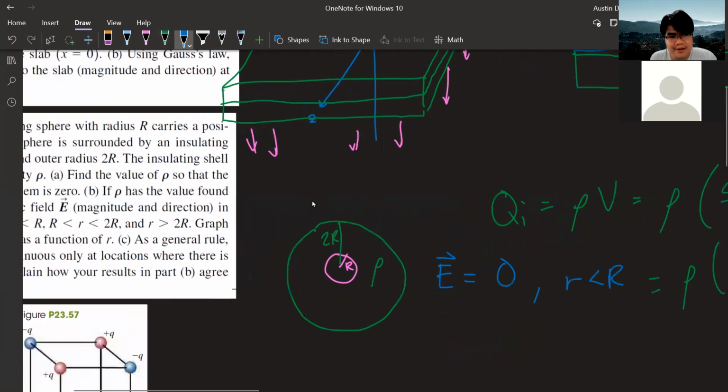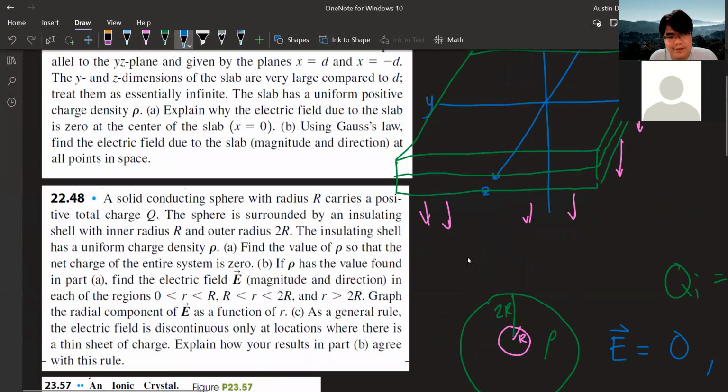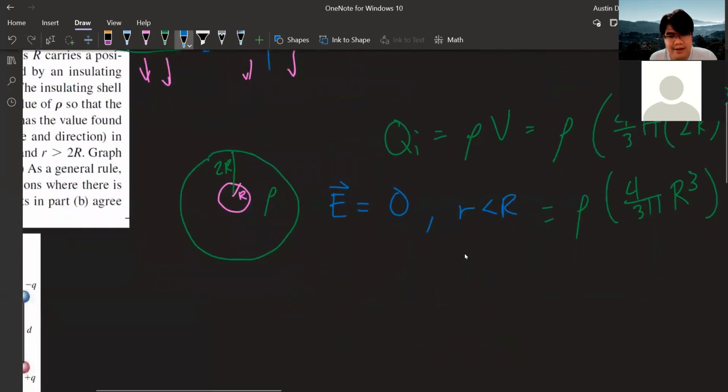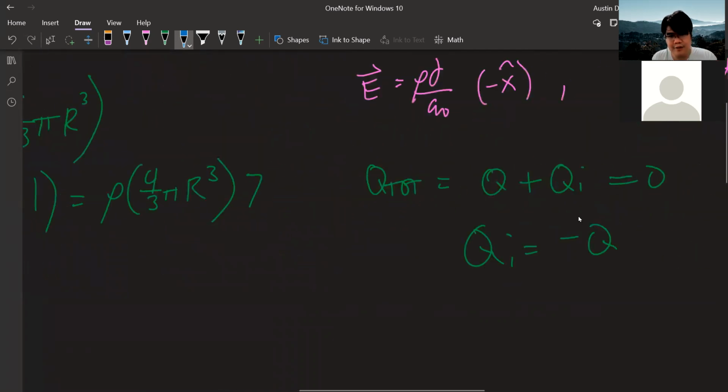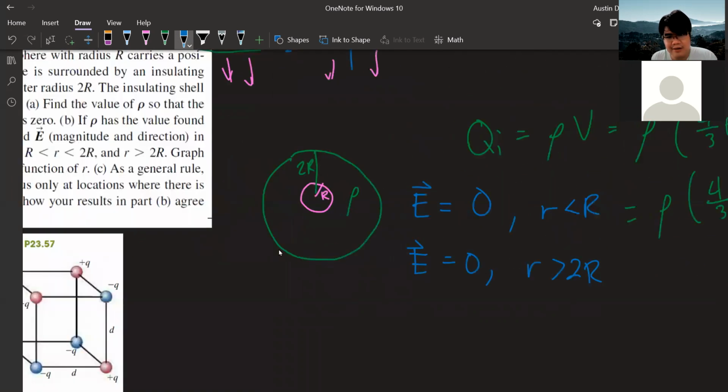Okay? Kasi conducting sphere, conductor daw na sa loob na to. Therefore, the inside of the conductor always has a 0 electric field. Okay, and then outside must also be 0. Kasi the net charge is, we force the net charge to be 0. Okay, so outside, wala ka na mararamdaman na electric field.